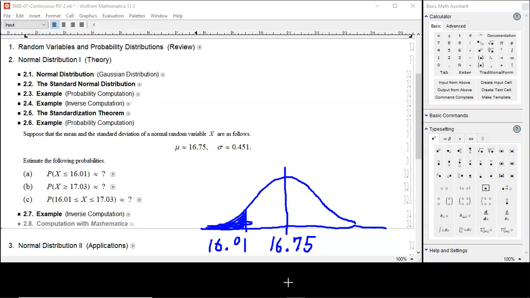And this can be calculated through standardization. How? Z is (x minus mu) over sigma, of course. The formula number 1 of this course. Let's see how it goes.